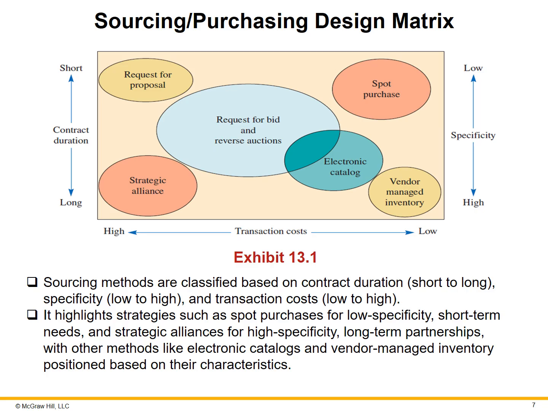Specificity and contract duration are vertical, so the high position is low specificity and short contract duration, and the bottom is high specificity and long contract duration. And horizontal shows low versus high transaction costs.